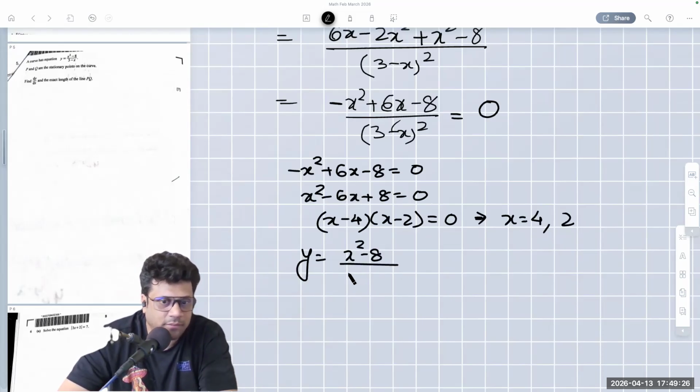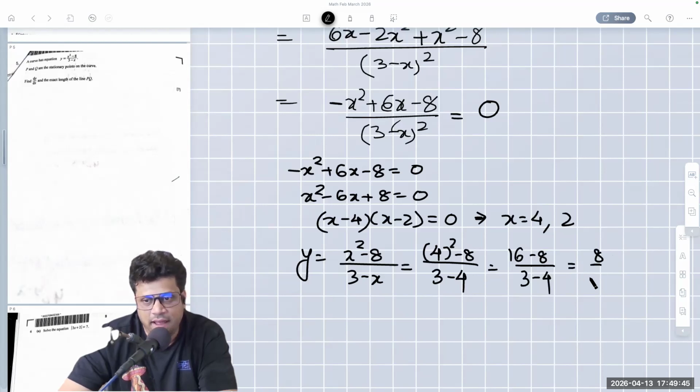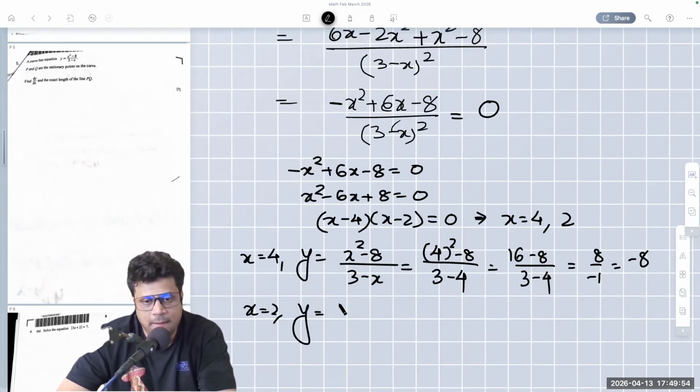x square minus 8 upon 3 minus x. So that's 4 square minus 8 divided by 3 minus 4. That's 16, 16 minus 8 divided by 3 minus 4. That's 8 by minus 1. That's negative 8. Okay, and for x equal to 2, y comes out to be 2 square minus 8 divided by 3 minus 2.